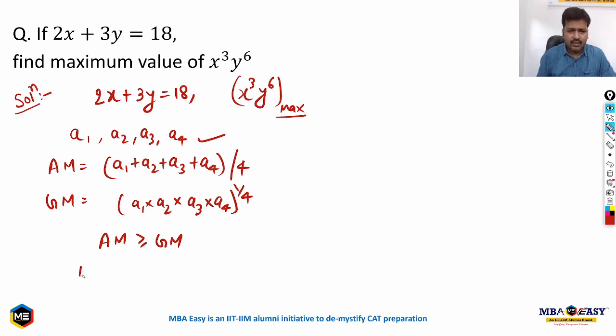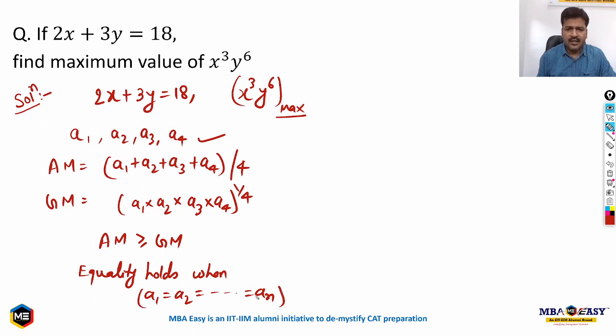And this equality holds when A1 is equal to A2 and so on is equal to An, if there are n quantities. So these two are equal only when all the quantities are equal. If all the quantities are not equal, then the arithmetic mean will always be more than the geometric mean. This is called AMGM inequality.